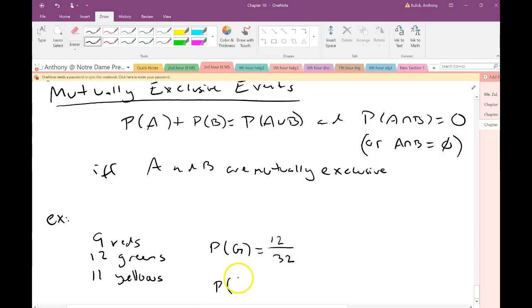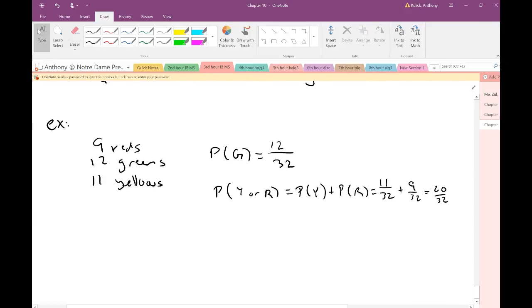The probability of drawing a yellow or a red. Are these mutually exclusive events? Can I draw a marble that's both yellow and red? No. So I could do this as the probability of yellows plus the probability of reds. So 11 out of 32 plus 9 out of 32 to give me 20 out of 32. We feel okay there? Okay.